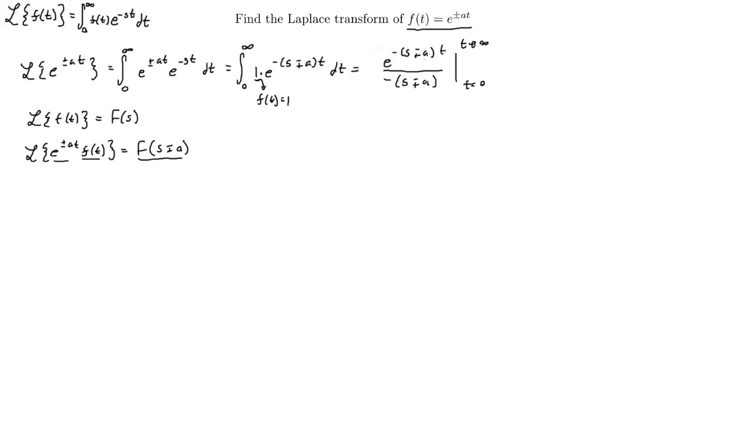So now what we're going to suppose is that s minus plus a is a positive quantity. So basically, a must be less than s for the minus sign case, right? So what we're going to get is the following.